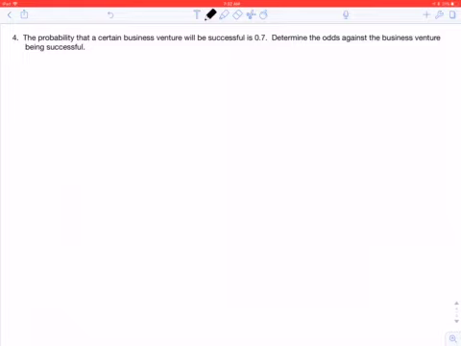Now, the probability that a certain business venture will be successful is given as 0.7. I'm going to write that as a fraction. Now, since it's a probability, the fraction is favorable over total.